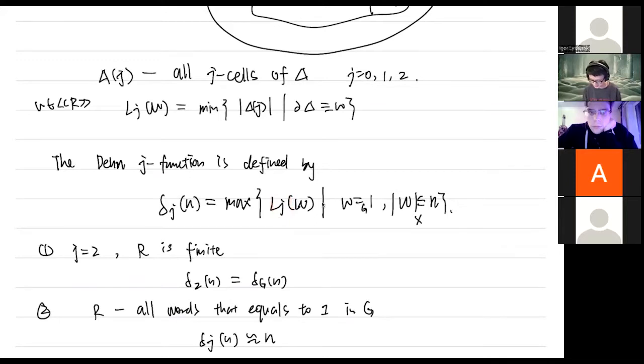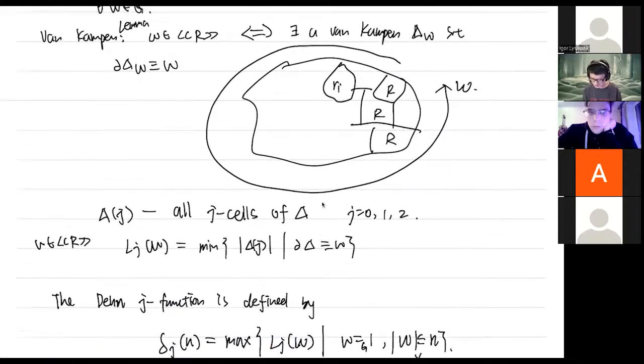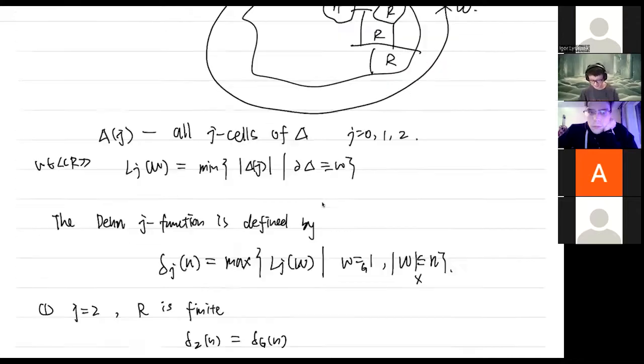What are j cells? You can think of it as a CW complex. You have 0 cells, which are points, so how many points in the diagram? How many edges in the diagram? And finally, how many 2 cells? Yes, exactly.